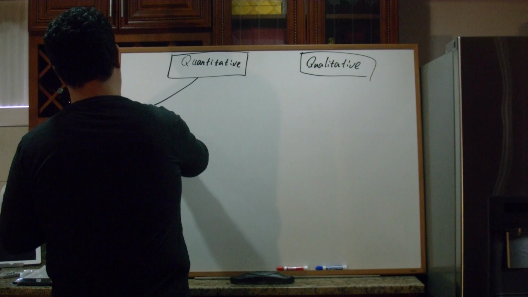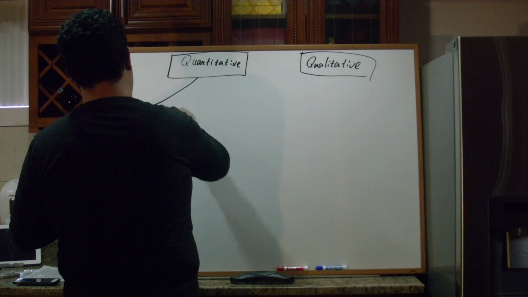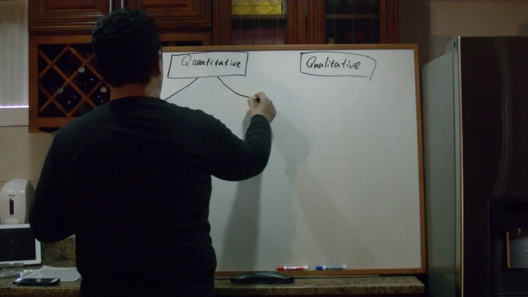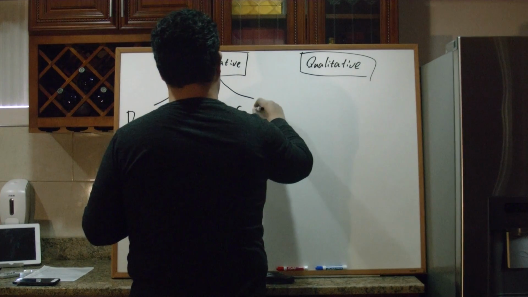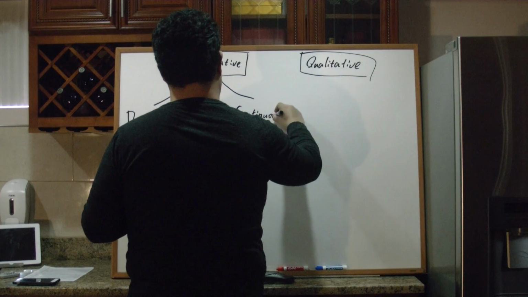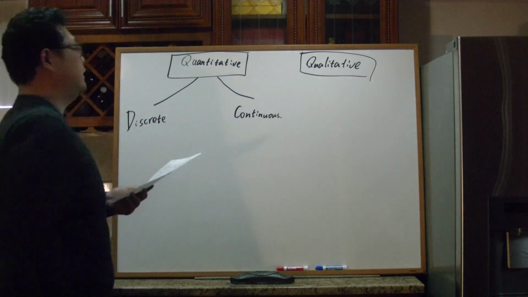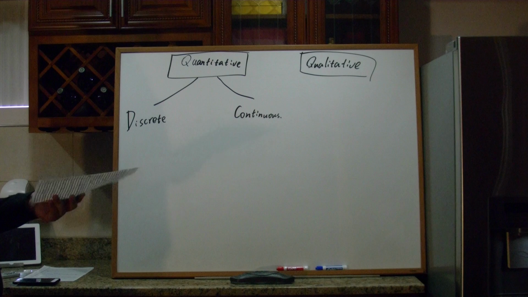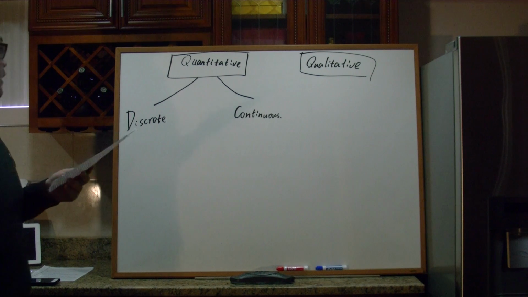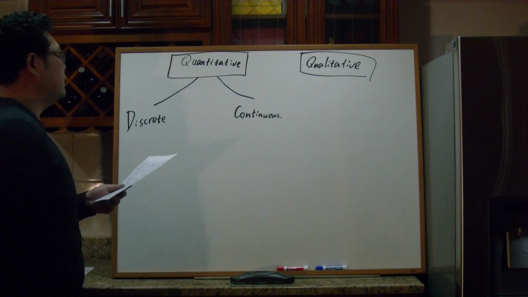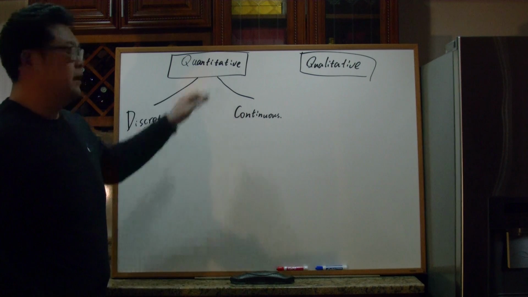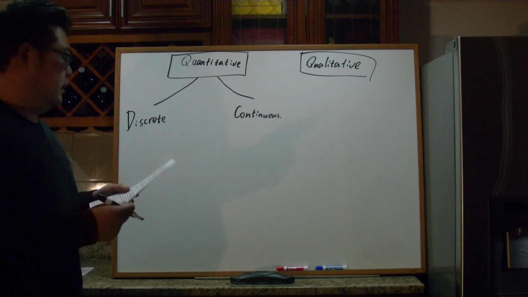But inside of quantitative data, it could be separated as discrete or continuous. Qualitative data is just categorical, it cannot be a number. But discrete and continuous are two different types under quantitative data.